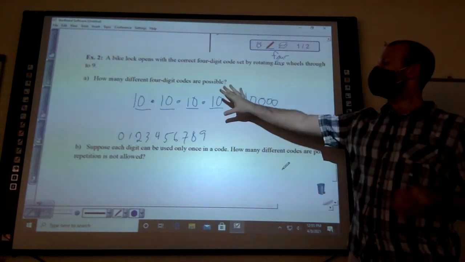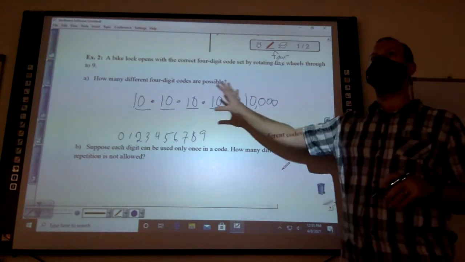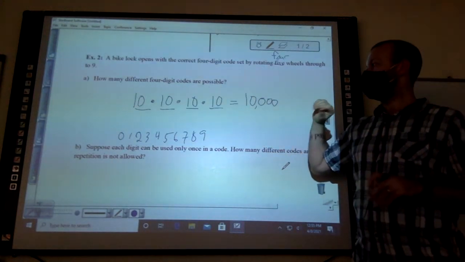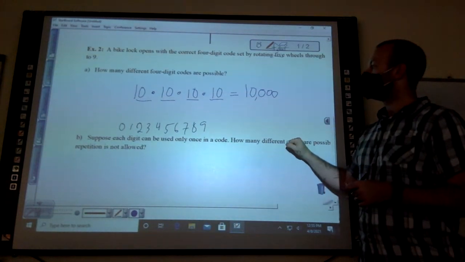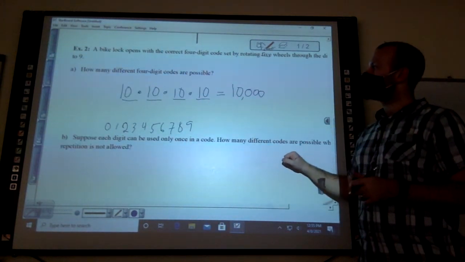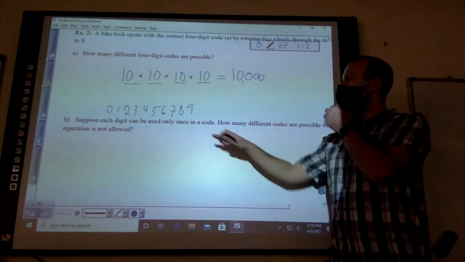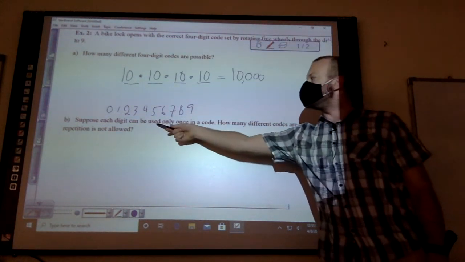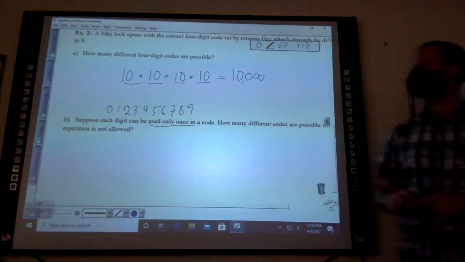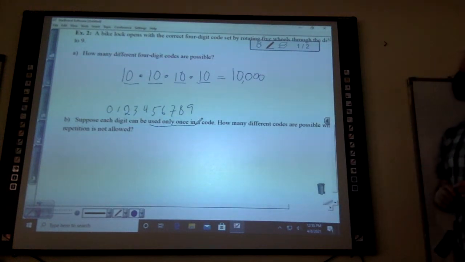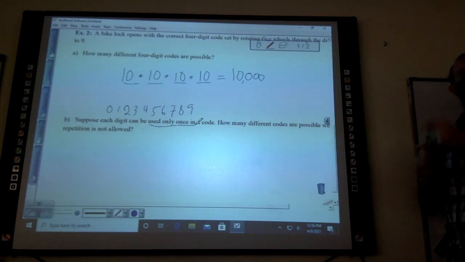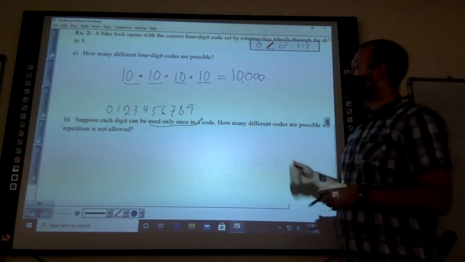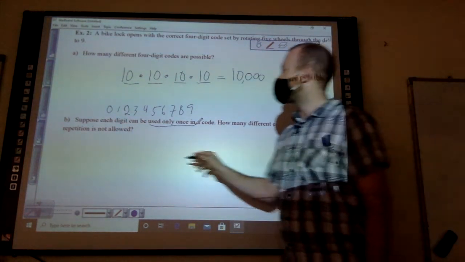So this is a situation where we have no restrictions. I'm not saying there has to be a specific rule with that. But now suppose each digit can only be used once. So if I pick the number 7 in the first spot, I can no longer pick that number. We want to know how many different codes are allowed.